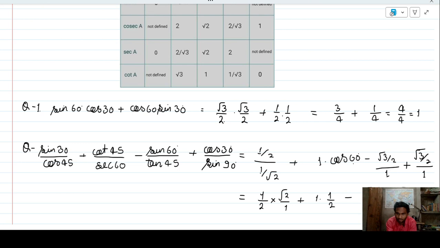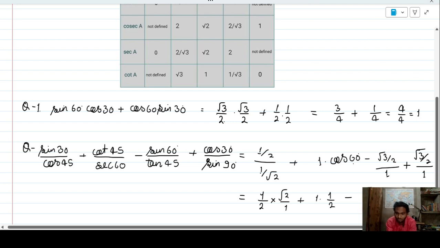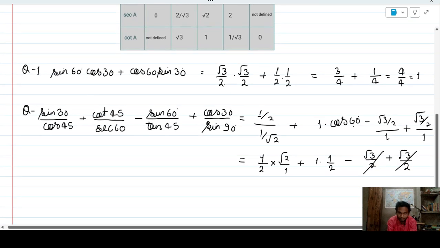Minus root 3 by 2 and plus root 3 by 2 cancel because of opposite signs and equal values.